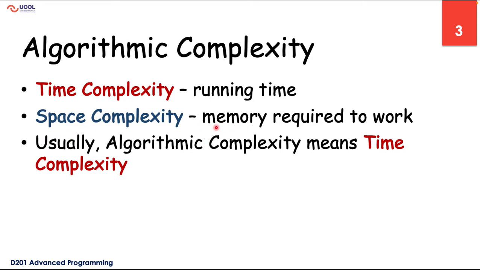Whenever we talk about algorithmic complexity, most of the time we talk about the time complexity instead of the space complexity, because we now have very large amounts of memory available in our computer systems due to technical advances.